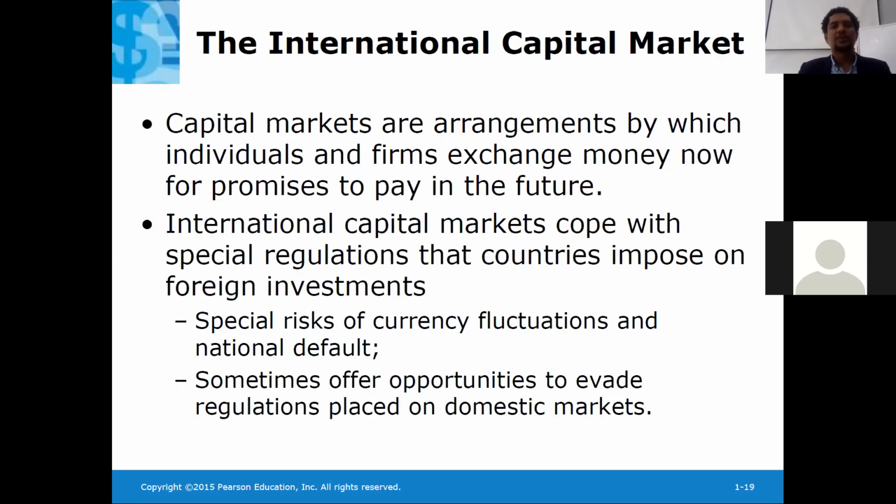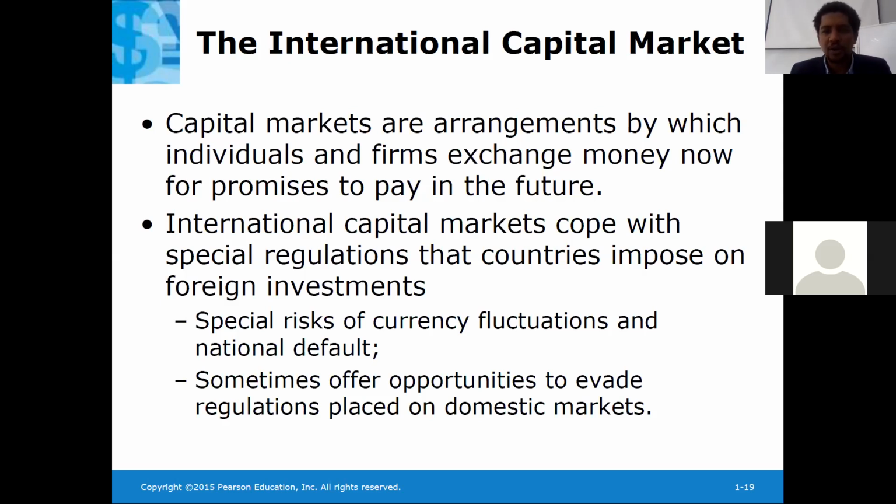And continuing, capital markets are arrangements by which individuals and firms exchange money now for promises to pay in the future. Capital markets could be in the form of stocks, where you buy shares of a company, or in terms of bonds, where you lend money to the government or to any business on a promise of an interest rate for those bonds that you have bought from the company or from the government.